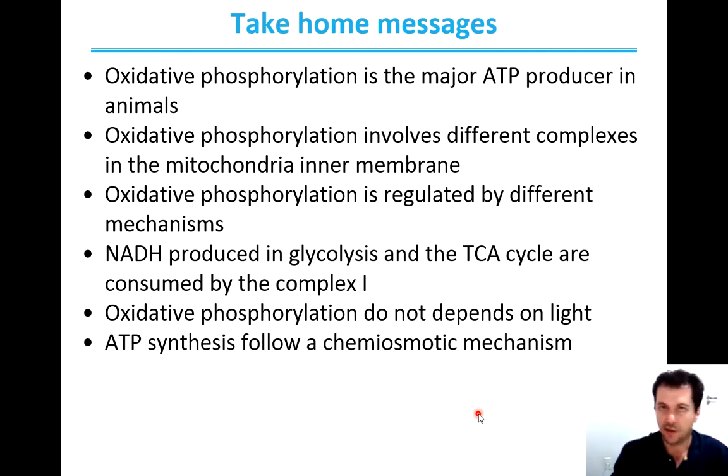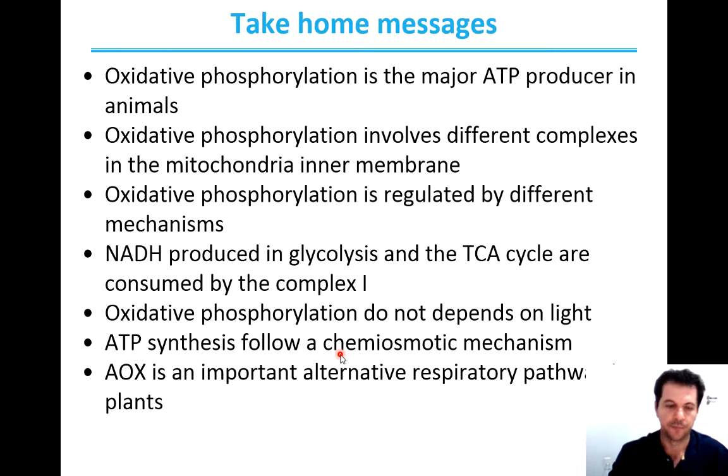As in the chloroplast, the ATP synthesis here follows a chemiosmotic mechanism, where you have pumping of protons from one side of the membrane to the other, and then you have ATP being synthesized by the ATP synthase. And last, AOX, alternative oxidase, is an important alternative respiratory pathway in plants, which avoids the overproduction of ROS.